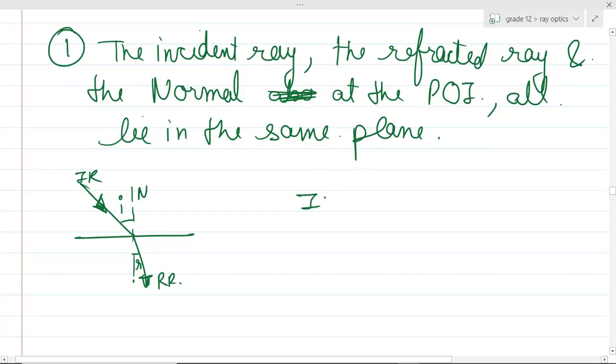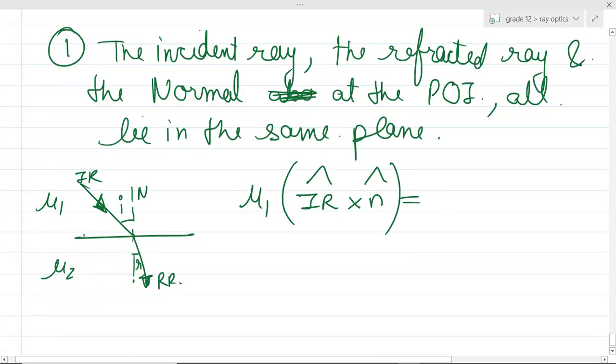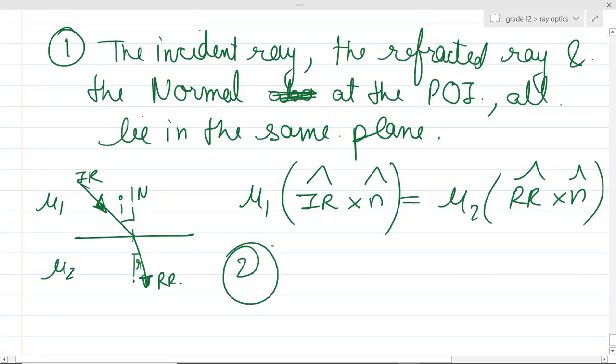So again the same thing, a unit vector along the incident ray, a unit vector along the normal should be equal to, here it is a little bit different. Mu1 is the absolute refractive index of medium 1, and mu2 is the absolute refractive index of medium 2. So this is the mathematical form. Also not there in your school syllabus, but it's there. Is this clear, guys?